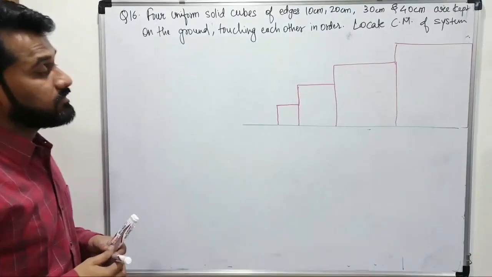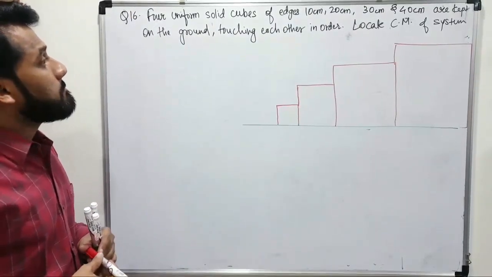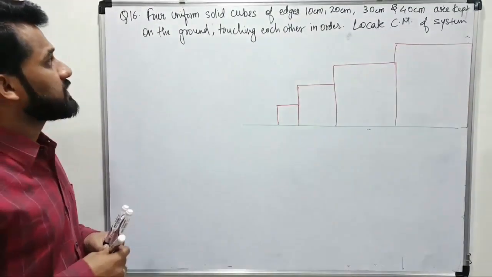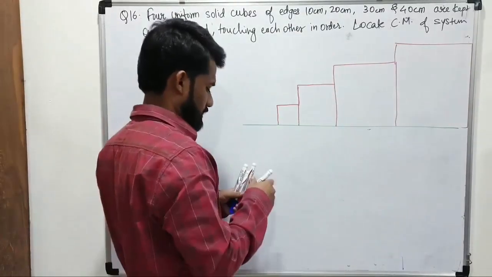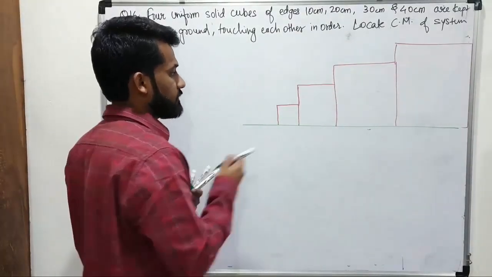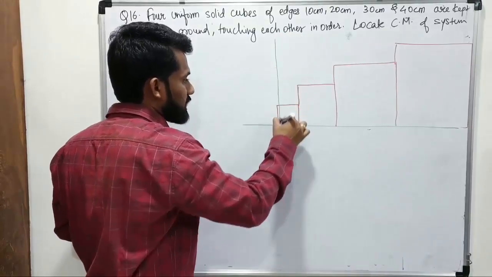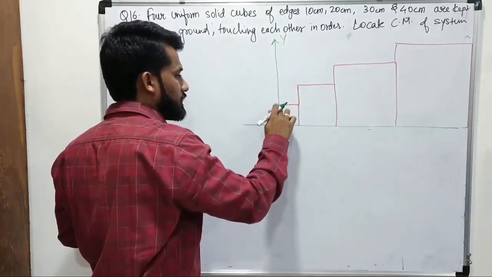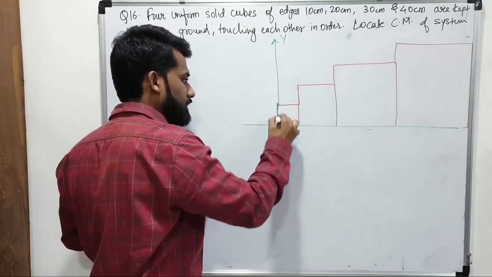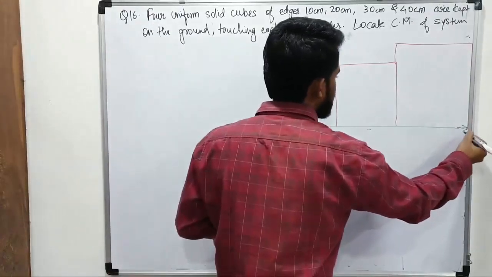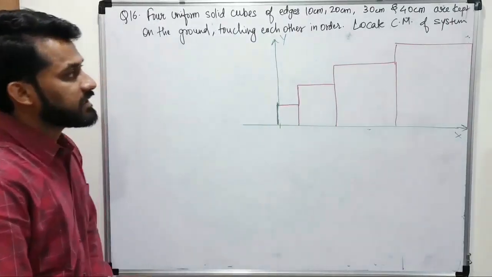These are the 4 cubes placed on the ground. Okay, so let us treat this particular axis as y-axis. It should pass from this point, and this axis as x-axis. And we have to plot the center of mass.